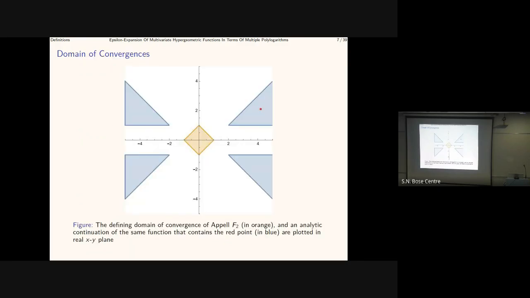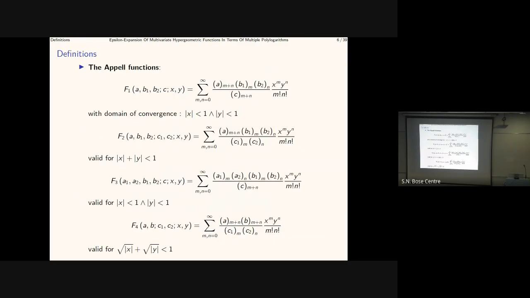And when you write this series expression of a function, you must also mention the domain of convergence. So this series is only valid when this condition is satisfied. Similarly, Appell F2 and Appell F3 and Appell F4. To give a flavor of how this domain of convergence looks like, I just plotted the domain of convergence of F2, that is mod of x plus mod of y is less than 1.